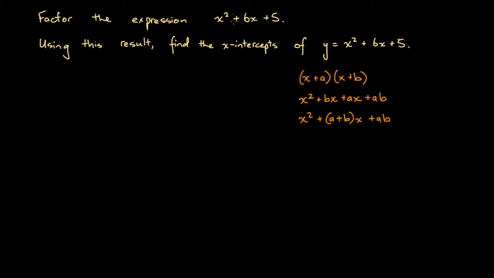So we've got an x squared out the front with a coefficient of 1, and x squared here with a coefficient of 1. And then we've got 6x here, we've got a plus bx here, plus 5 here, and plus ab here.